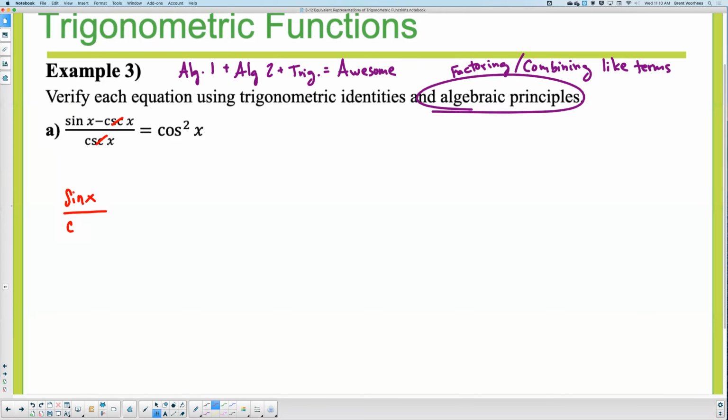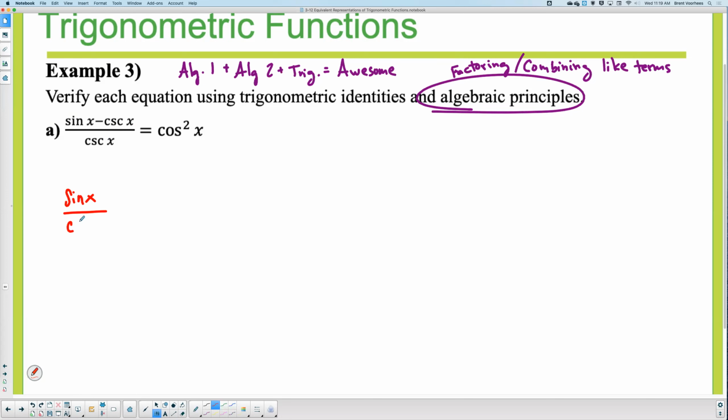These are terms right now, they're not opposites. For this to cancel, this cosecant is dividing. I would need it to be multiplication in the numerator, so I can't cancel. So I'm going to erase the cancel here because we can't do that. That's not opposites.